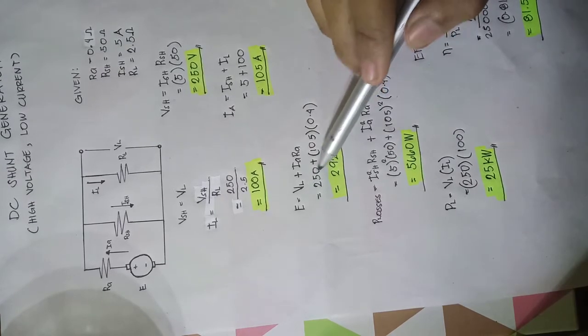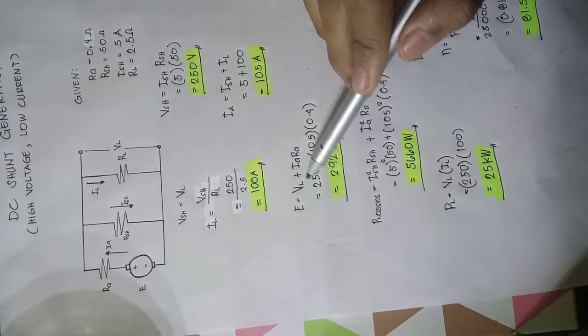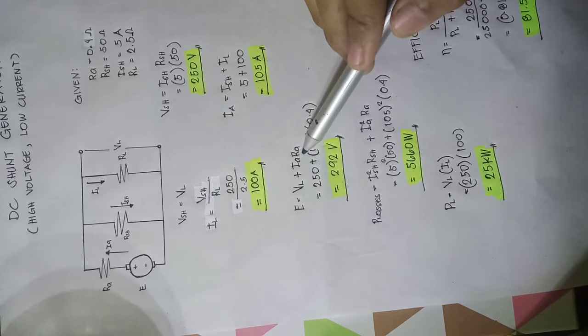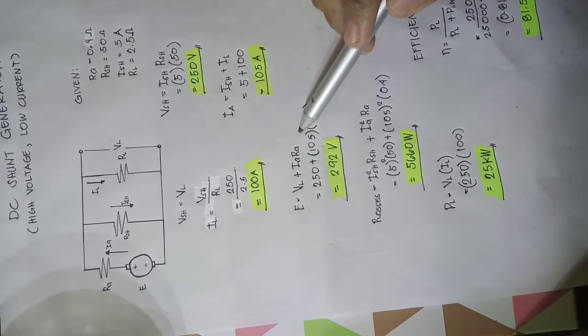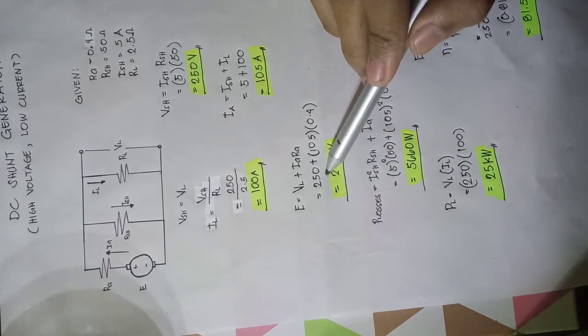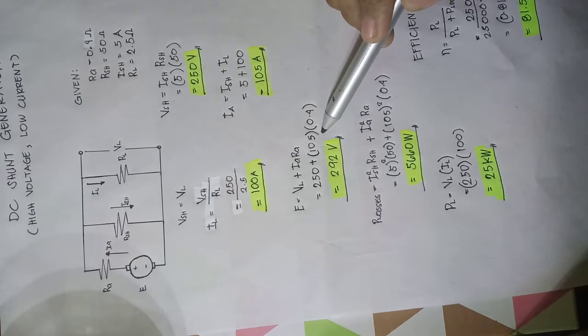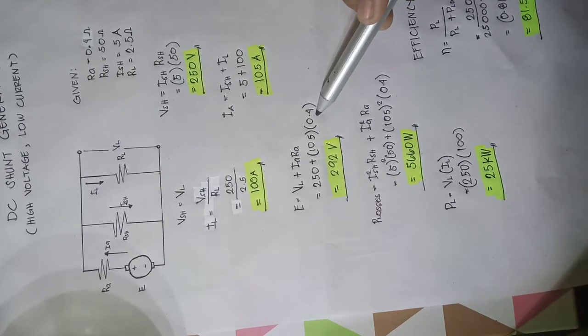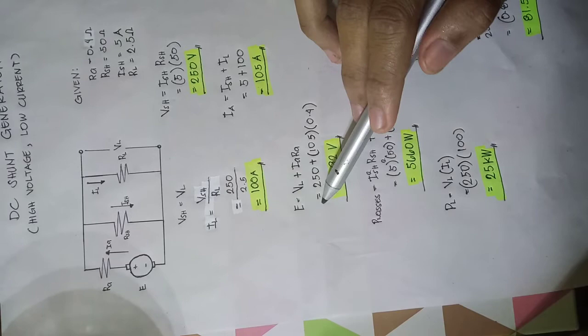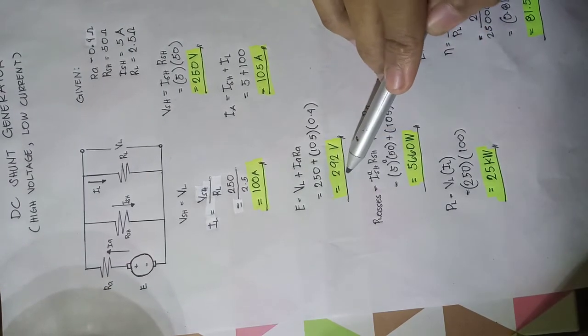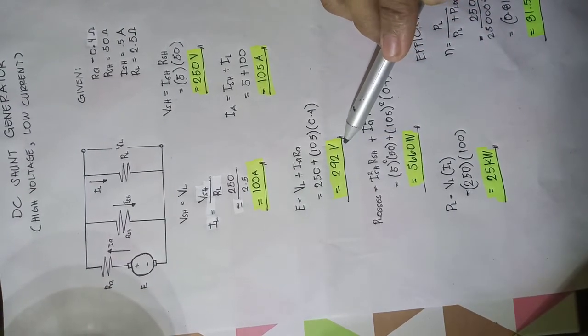So the voltage of the load plus the current of the armature multiplied by the resistance of the armature: 250 plus 105 multiplied by 0.4. So we have the generated EMF of 292 volts.